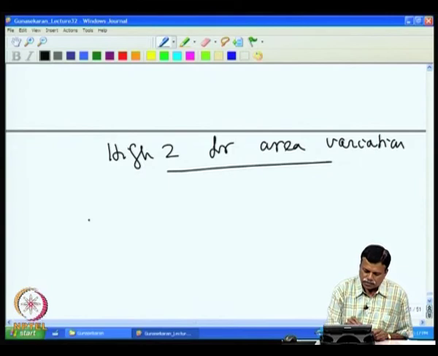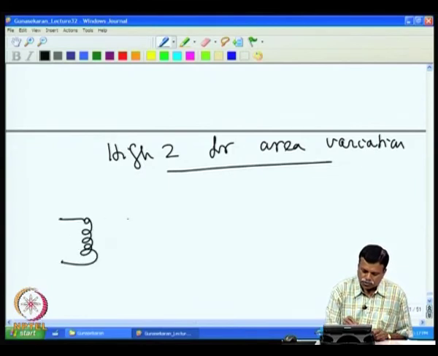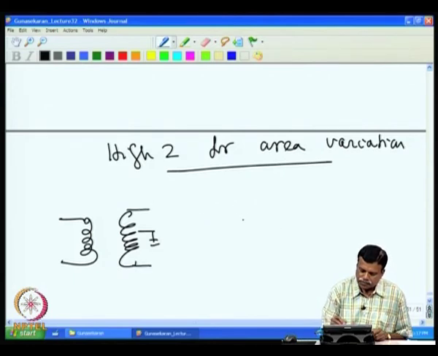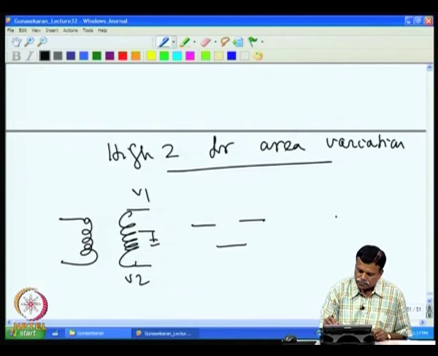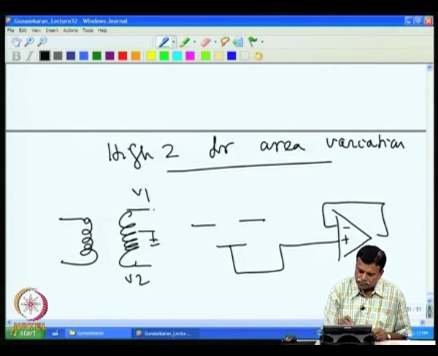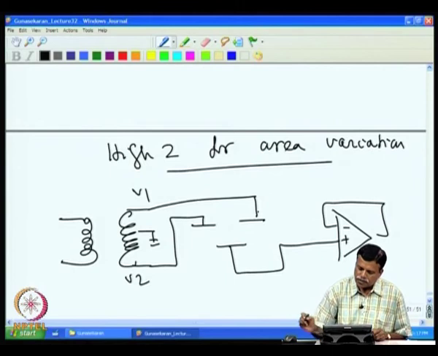Here actually we will have the source, we can have two voltages V1, V2. We will have our guarding technique.